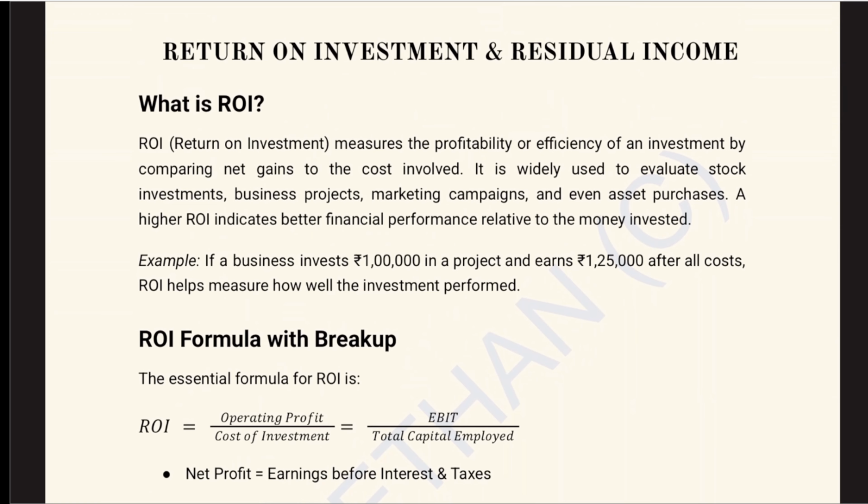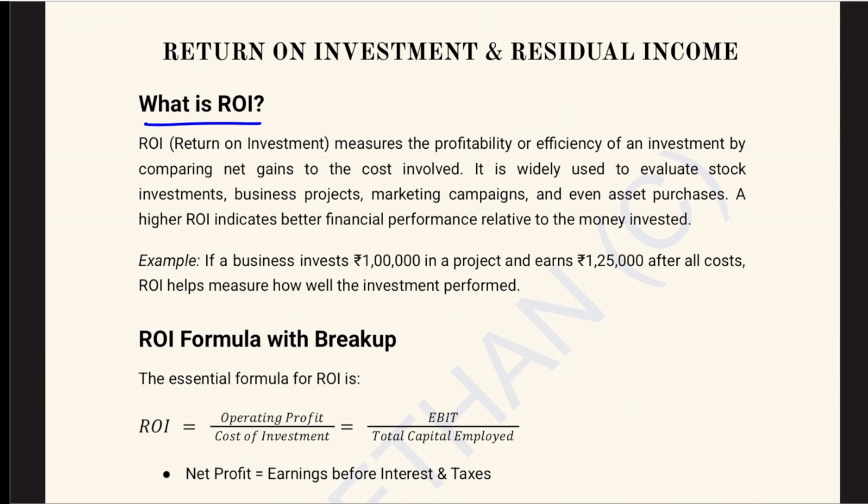The next tool to assess performance is return on investment and residual income. Simply, what is ROI? On my investment, how much am I getting? Let's say I'm investing in a property or in shares, with respect to that, how much am I getting. Here I am not deducting my interest or tax.